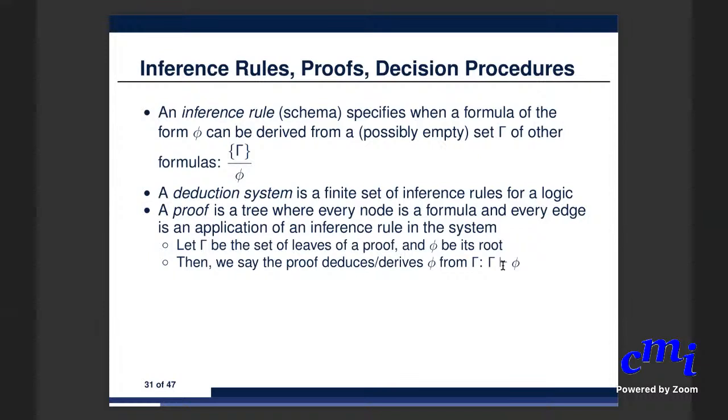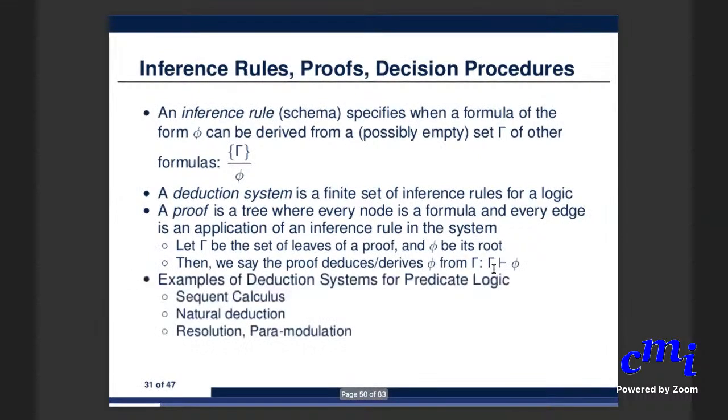So this is a way of automatically deducing, through the application of inference rules, a proof showing that phi follows: gamma logically implies phi, or phi is implied by the set of assumptions, the conjunction of all assumptions in gamma.